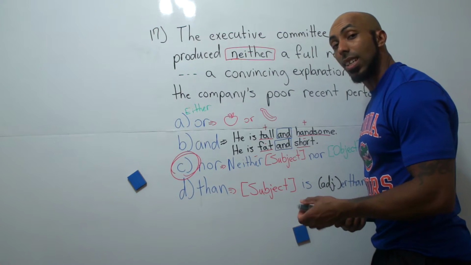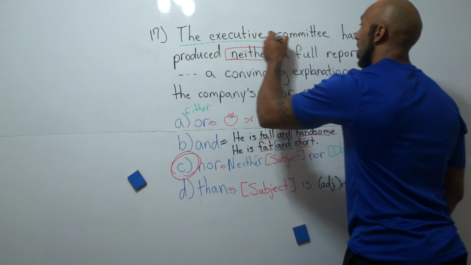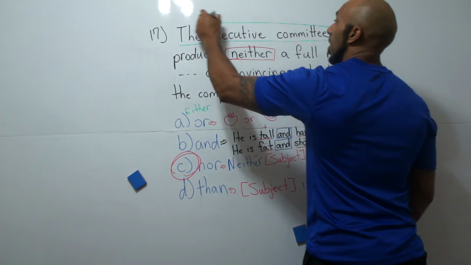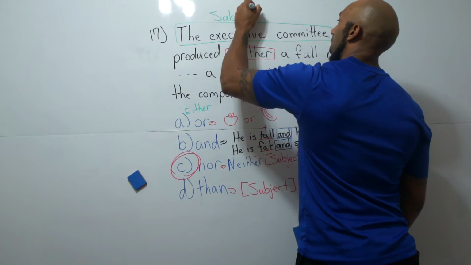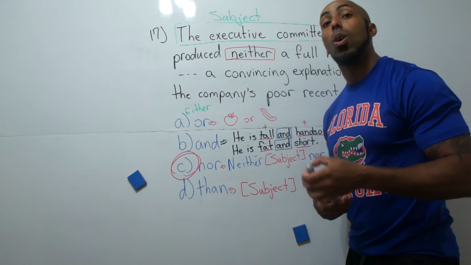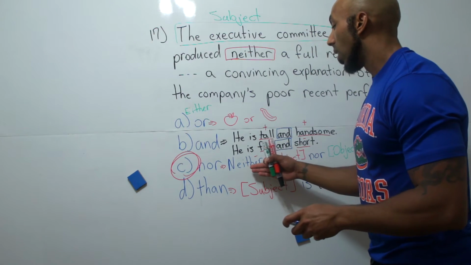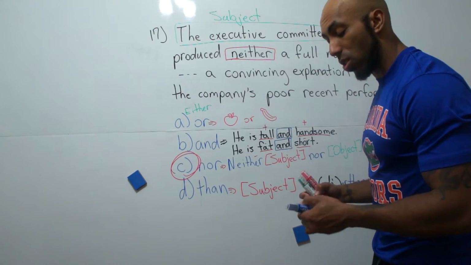Now, remember what I said, the subject does not always have to follow neither. And in this sentence, it doesn't. The subject of this sentence is the executive committee. Okay, this is the subject. Okay, now we have two objects. What follows the neither is an object, and what follows the nor is also an object.